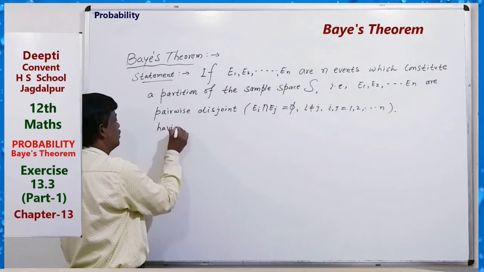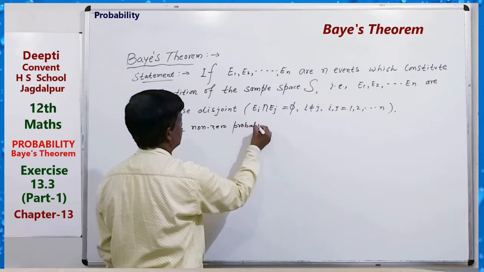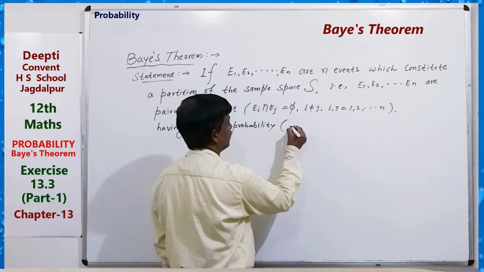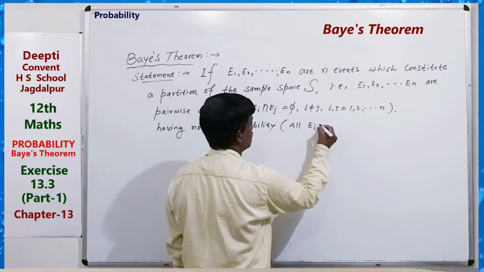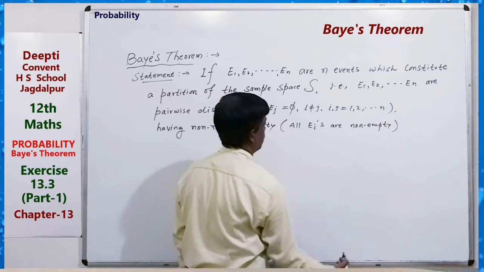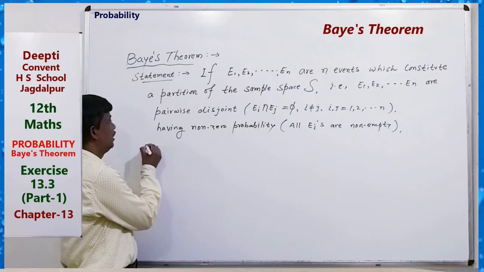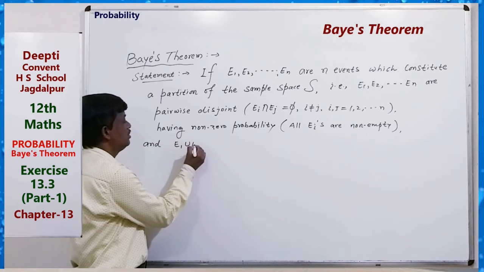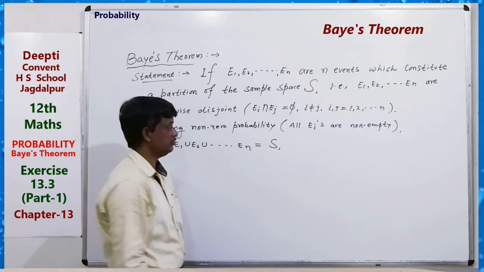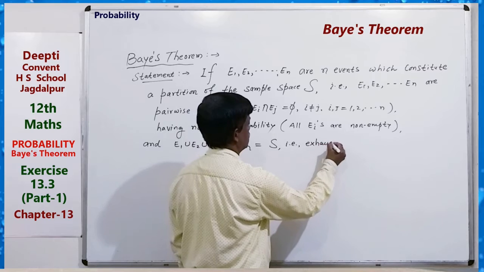Each having non-zero probability, that is, all Ei's are non-empty, and E1 union E2 union and so on En is equal to S. That is exhaustive.